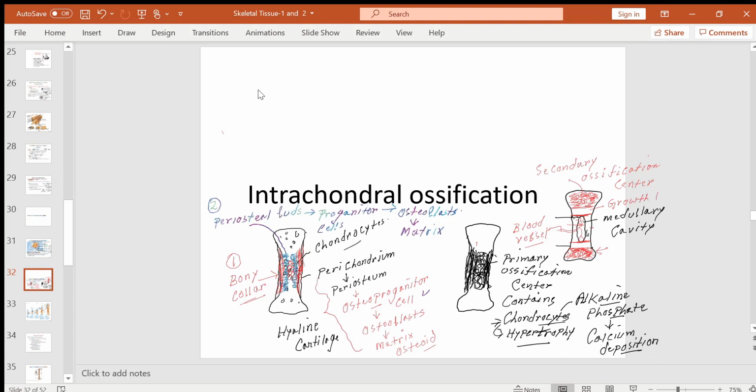You probably heard this name, growth plate. By looking at the thickness of this growth plate, we can determine the age of a growing person. It is used in forensic study or medicine.